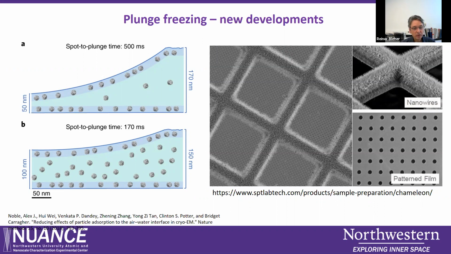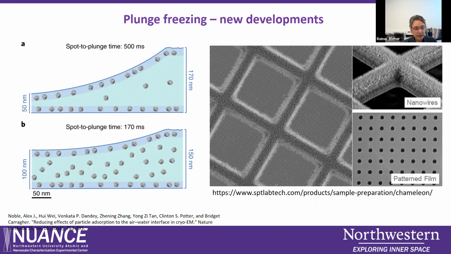The figure shows that as soon as a sample is applied to a grid, interactions with the air-water interface and sample occur, especially in the case of smaller samples, like for single particle analysis. And it's also shown that the distribution of samples changes rapidly with time. So the difference here is 500 milliseconds and 170 milliseconds between applying the sample and freezing.